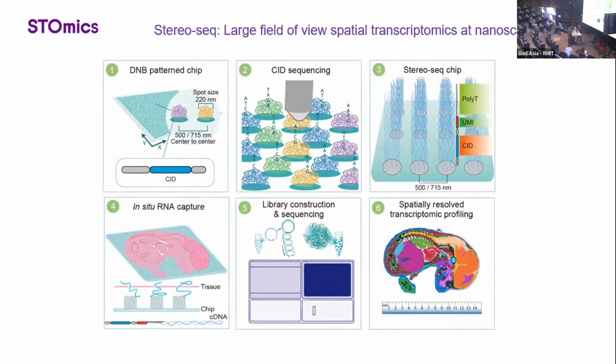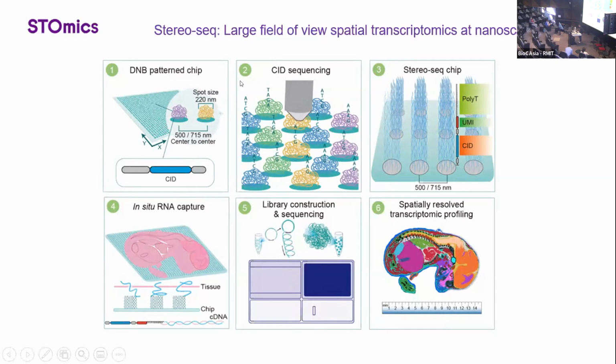We have the CID, which is the position information, and it is pre-sequenced. When you receive the chip, the information also comes with this chip and can be used for the analysis of your data to locate the sequence back to the position.